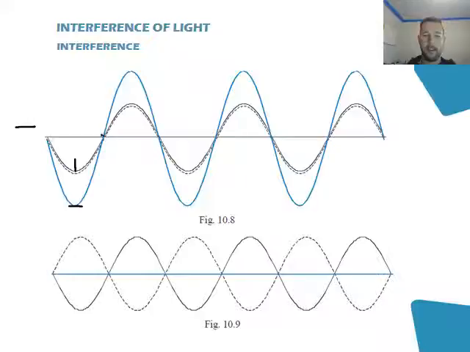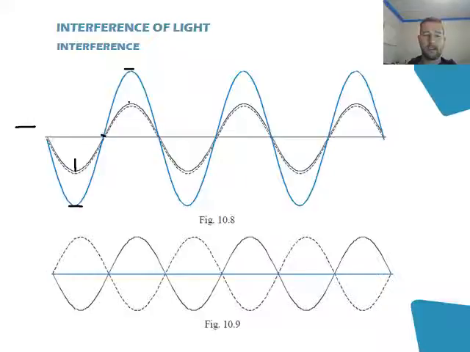In this location here, our black line is the value of 0, our dashed line is 0, and our result obviously is also 0. We can see here where we've got a positive value and a positive value, our result is this large positive value.